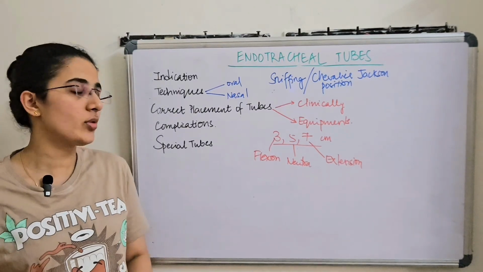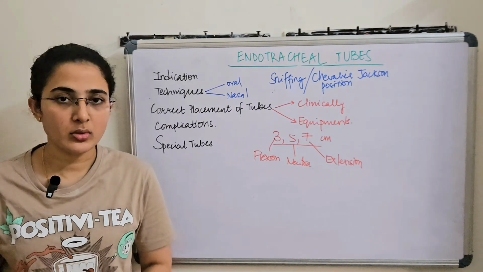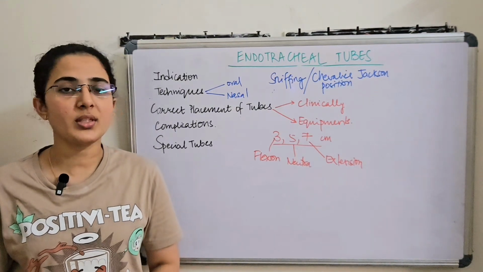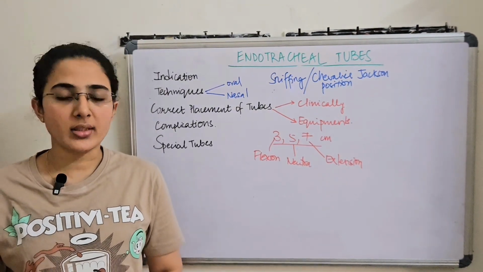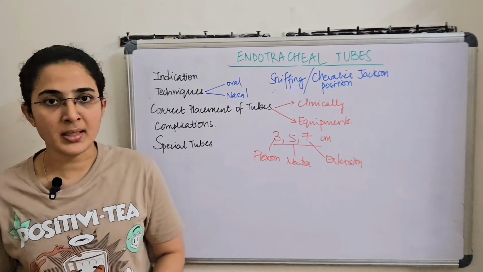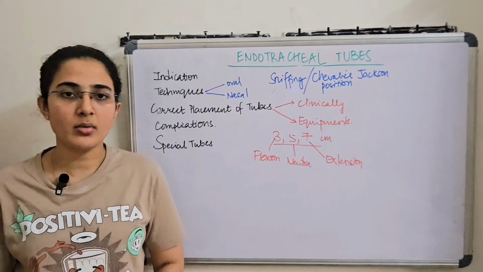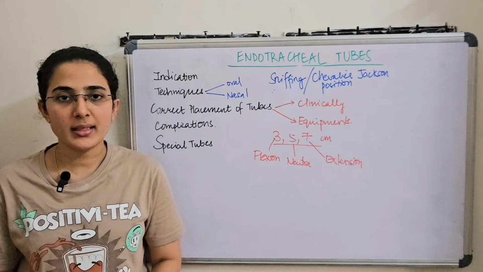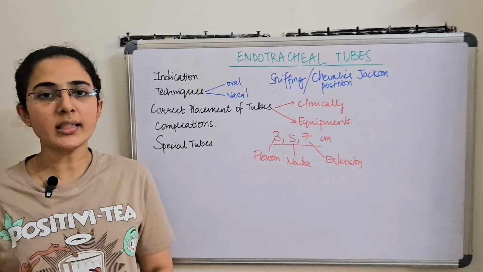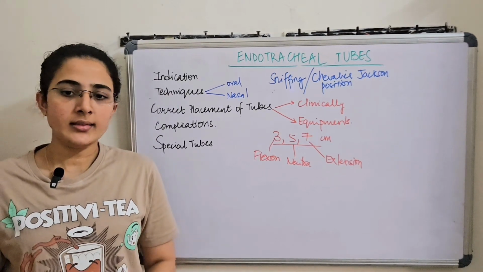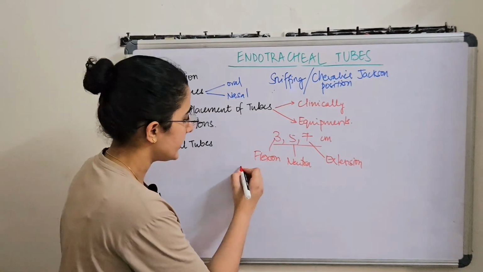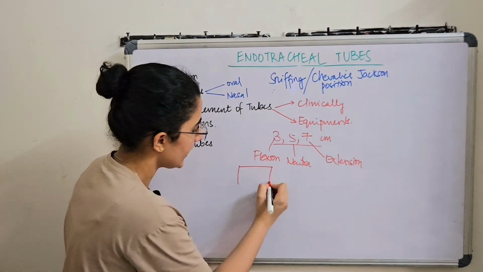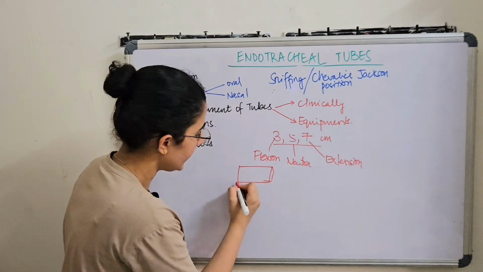Another is the fiberscope or fiber optic bronchoscope, which will help us visualize. If we go through this tube, we will be able to see the trachea with the bronchi and bronchioles, but this will not be there in case of an esophageal intubation. Another thing is the colorimetric EtCO2 detector, which we would have seen mostly used in casualties.